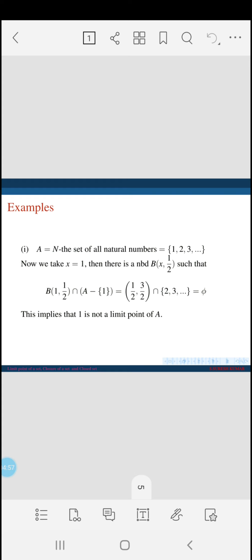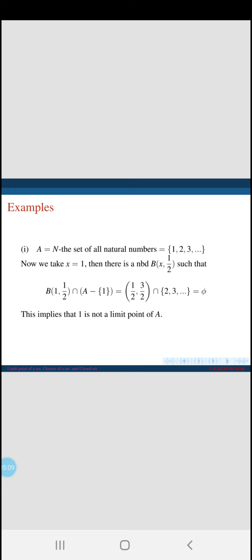That is, there is a neighborhood B(1, 1/2) such that B(1, 1/2) intersection (A minus {1}) is equal to the open interval (1/2, 3/2) intersection {2, 3, ...}, which is equal to the empty set.